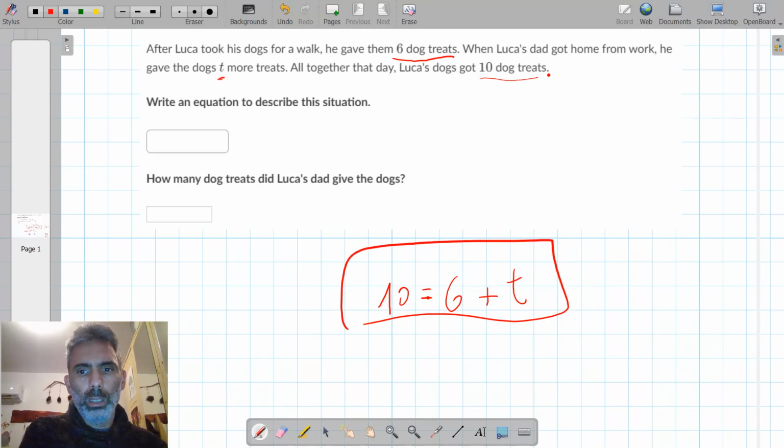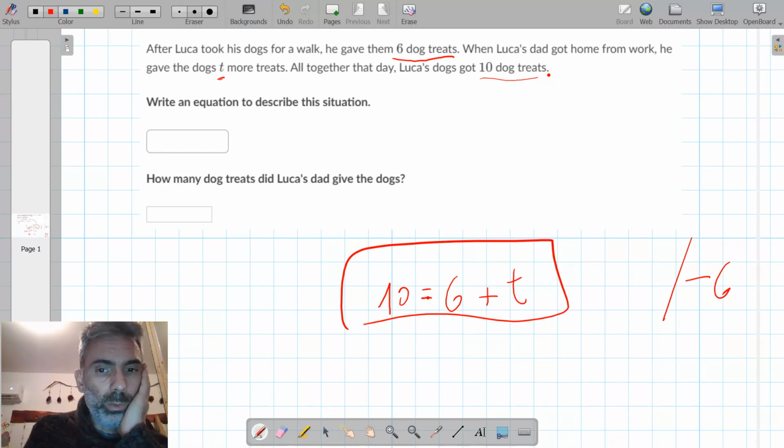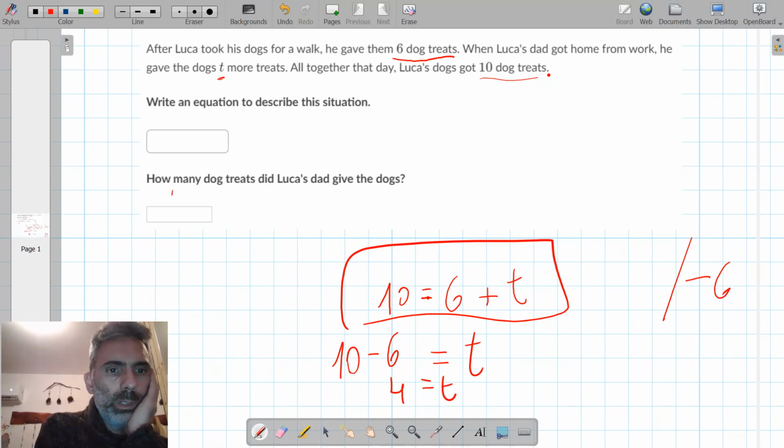Okay, the T, in order to isolate it, we need to subtract 6 from both sides of the equation. So on the right-hand side we are left with T, and on the left-hand side we have 10 minus 6. 10 minus 6 is 4, so the answer here is 4.